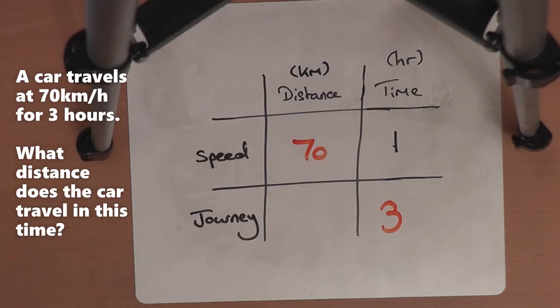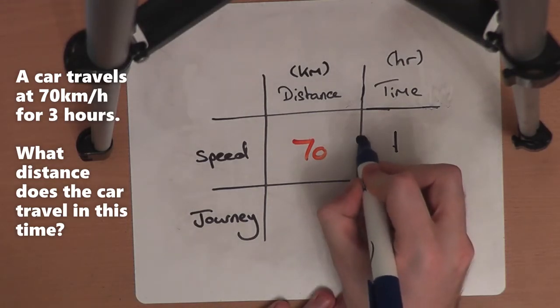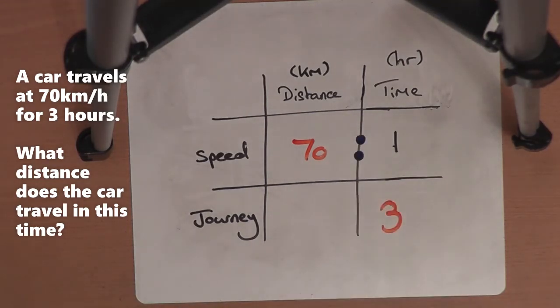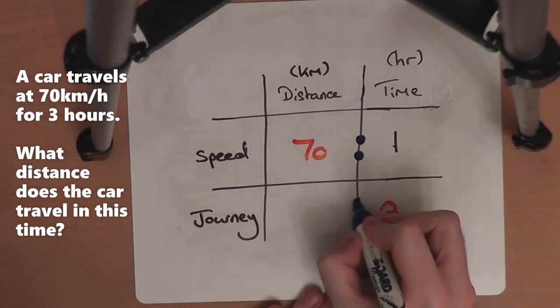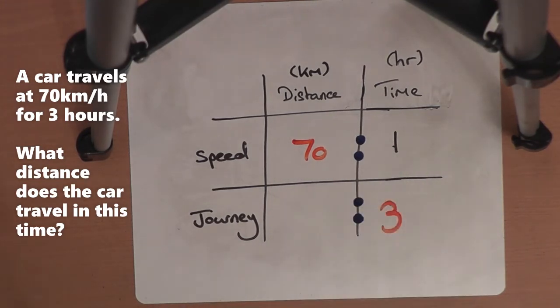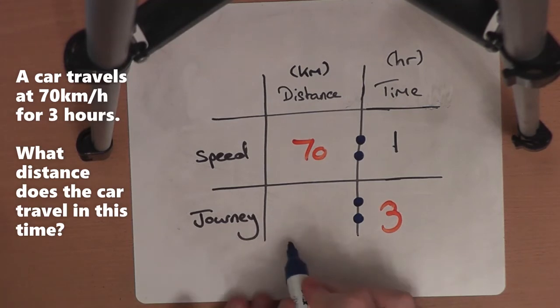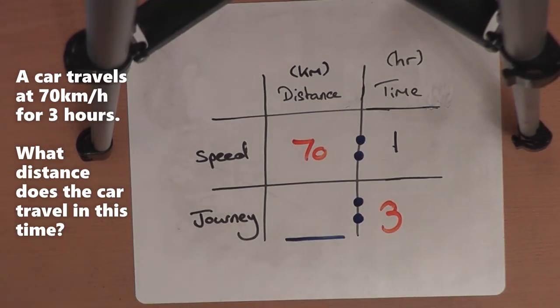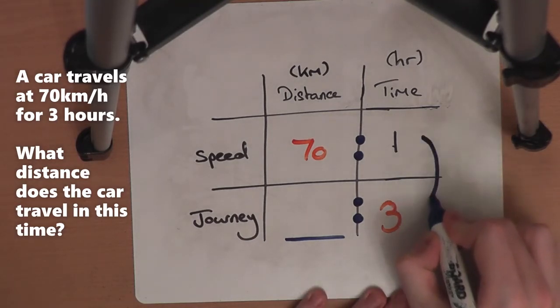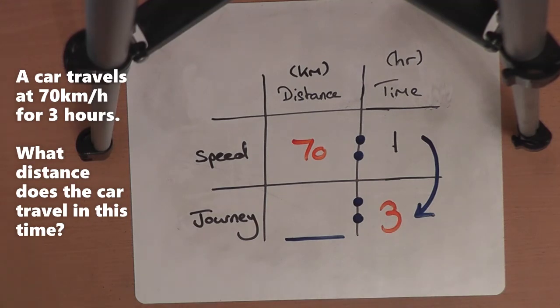Okay, next step. We turn the first row into a ratio. We turn the second row into a ratio. And we notice we've got something missing. We then look at the complete ratio, which in this case happens to be the top row. And we ask ourselves, how have we got from the top row to the second row?